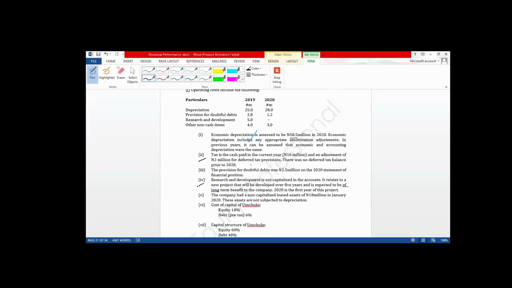It relates to a new project that will be developed for 5 years and is expected to be of long-term benefit. 2020 is the first year of this project.